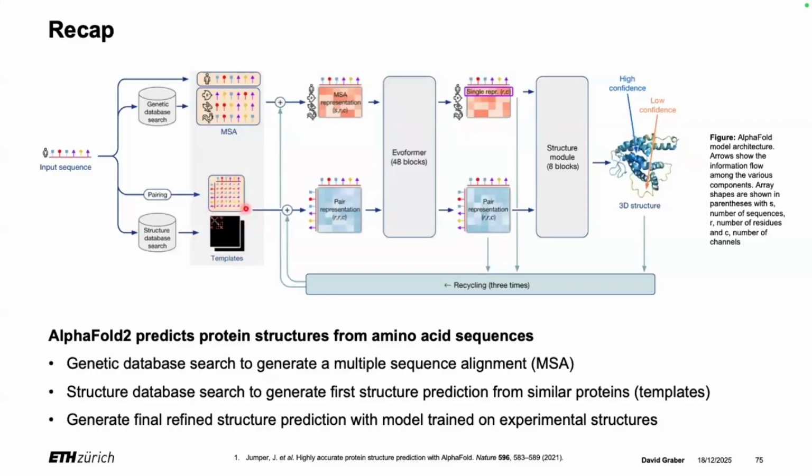And then it takes a guess of the first version of the pairwise distances between all amino acids in the protein using these templates. And then all this information is processed by the main architecture of AlphaFold into a protein structure that is then also refined using this recycling strategy.